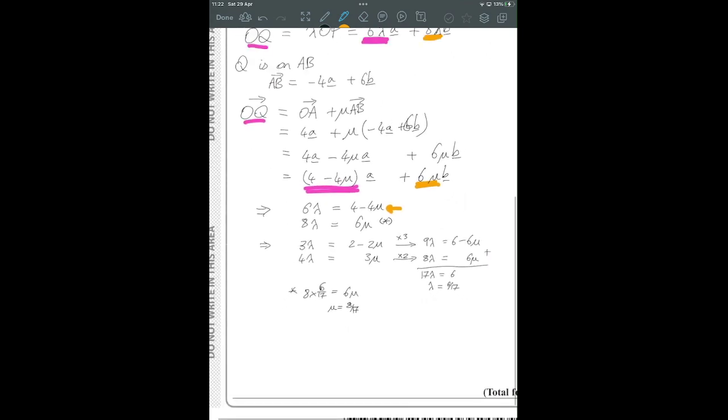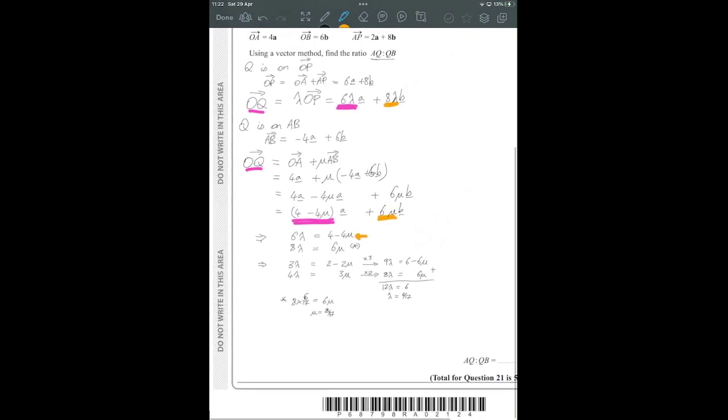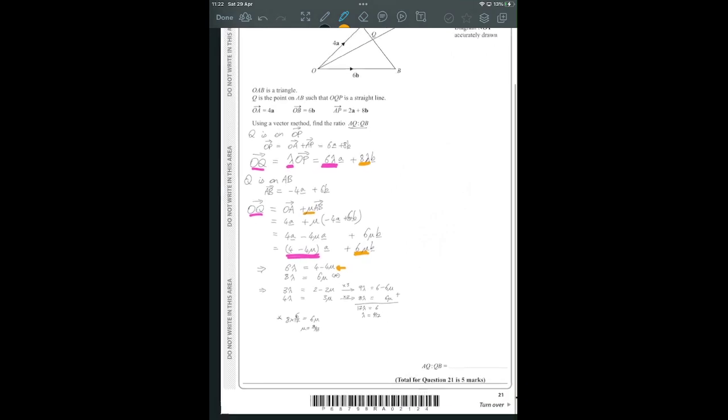So what does that mean? That means if we look back to where we had introduced our lambda and our mu, well, those are the fractions of those lines.